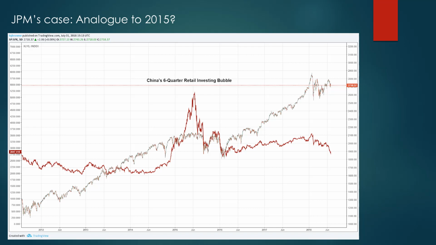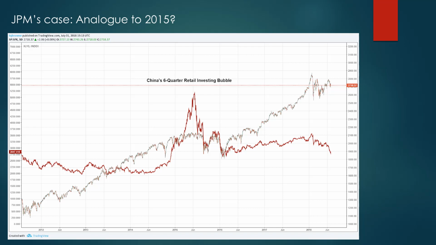So for those of you who don't remember what was going on in Chinese equities in 2015, there was a wave of deregulation in 2013, 2014, which drew a lot of new retail traders into the equity markets.